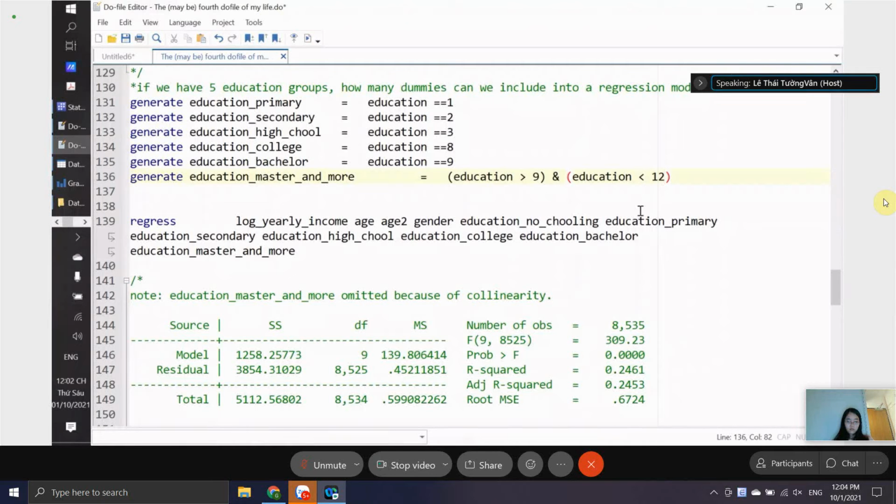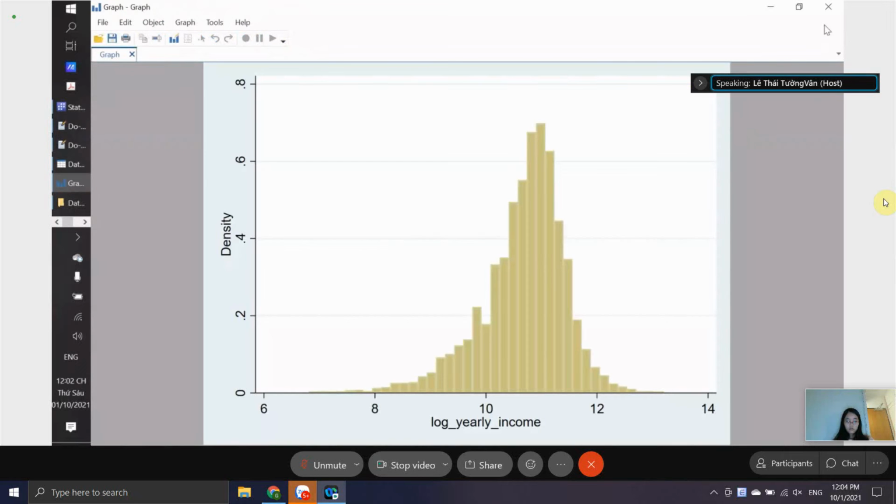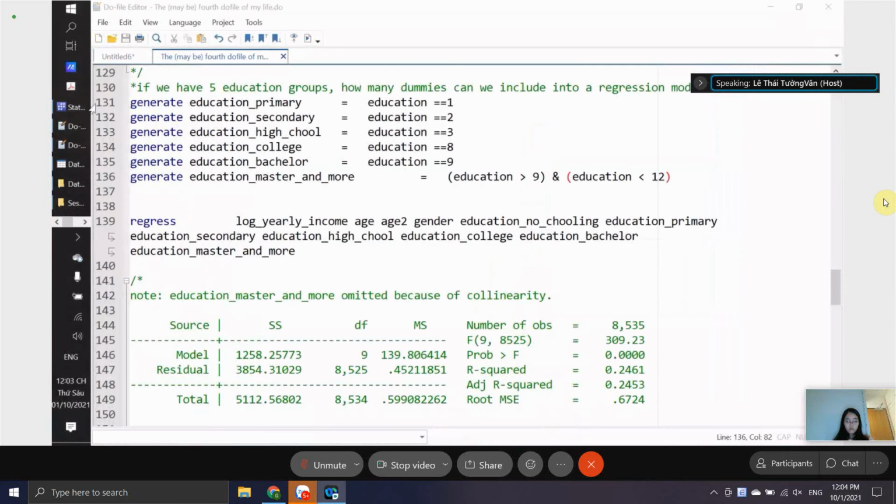This is how it works. So it will take the education with number 11 and 9. Now, if we run that again, I would get a much better answer.